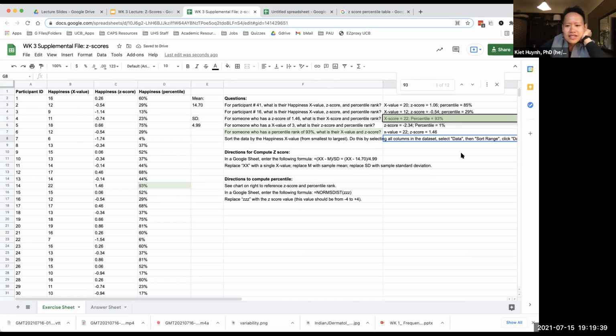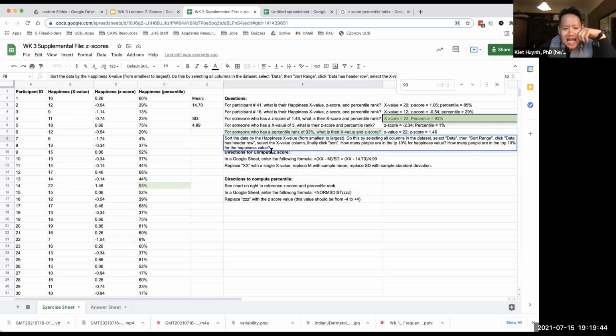Okay, last question. All right, sort the data by the happiness X value. You see here how this data goes all the way across like this. It's kind of hard to read. So just double click on it and it'll bring it all into the screen for you. Sort the data by the happiness X value from smallest to largest.